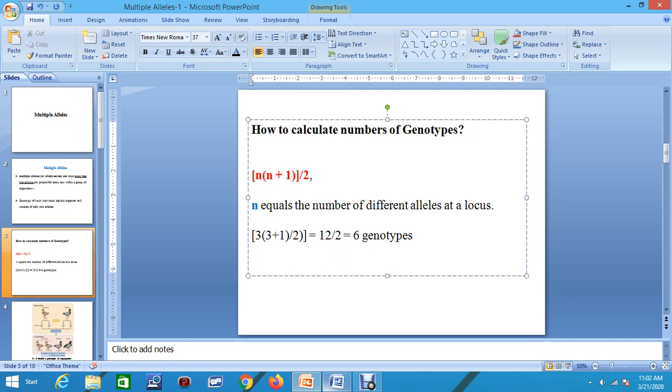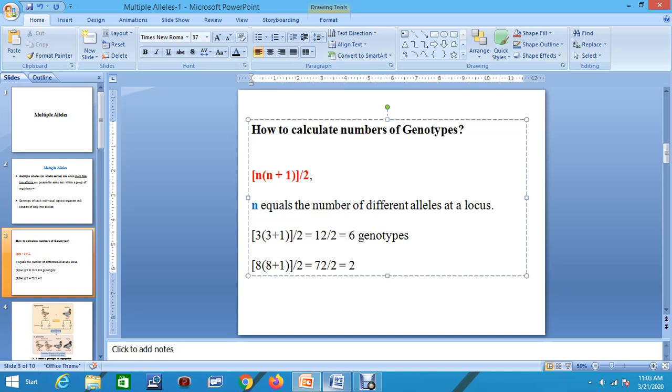What about 8 alleles? So we will have 8 outside, and 8 plus 1 in the bracket, divided by 2. So it will be 9 inside the brackets, 8 plus 1, 9. 9 times 8 is 72. 72 divided by 2.